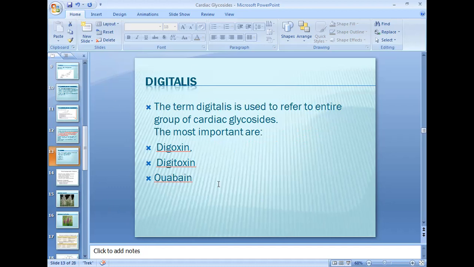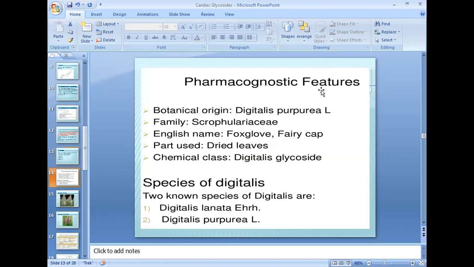These are the most important glycosides. Let us see some of the pharmacognostic features. So Digitalis purpurea belongs to the family Scrophulariaceae and is also called Digitalis ferruginea, and the parts used are dried leaves, and it belongs to the chemical class digitalis glycosides.